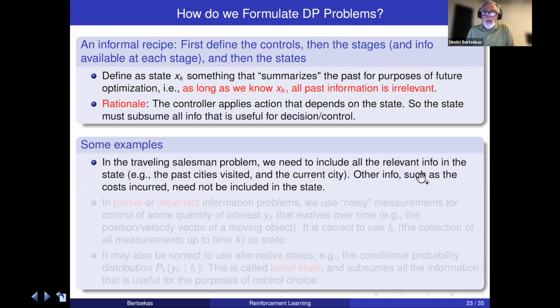Other information, such as what costs were incurred in the previous stages, or the order in which you visited the past cities, is not necessary and need not be included in the state. Of course, you may say, I'm going to include it anyway. That's fine, but your state is going to grow bigger, and there may be some inefficiency associated with that.